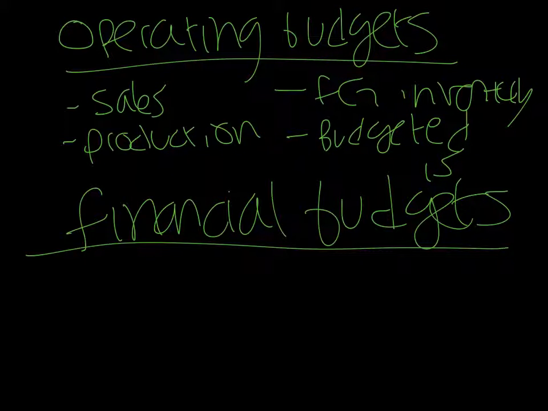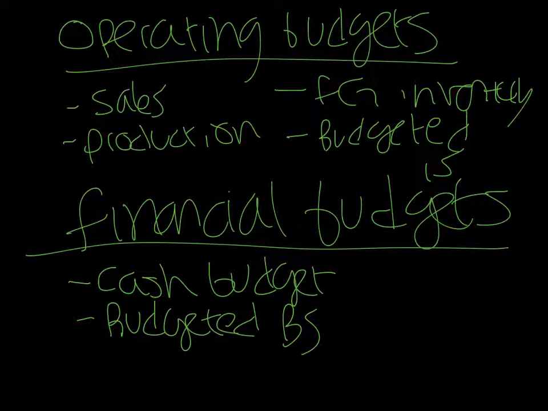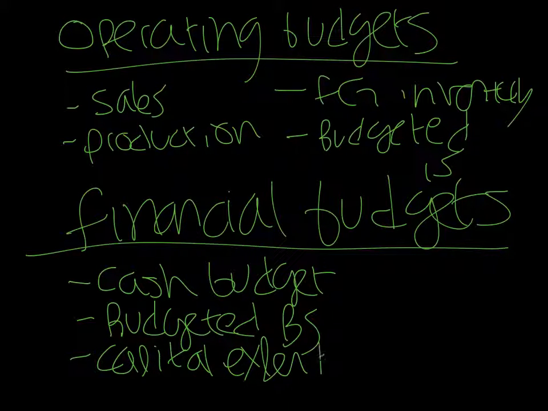Financial budgets involve how cash flows in and out of the organization and where it is financially. So there is the cash budget, the budgeted balance sheet, and the budget for capital expenditures.